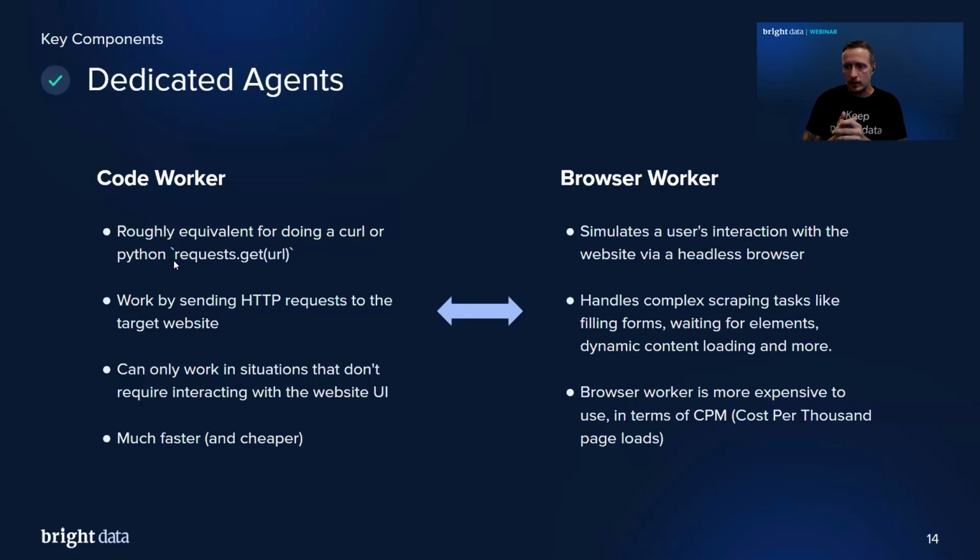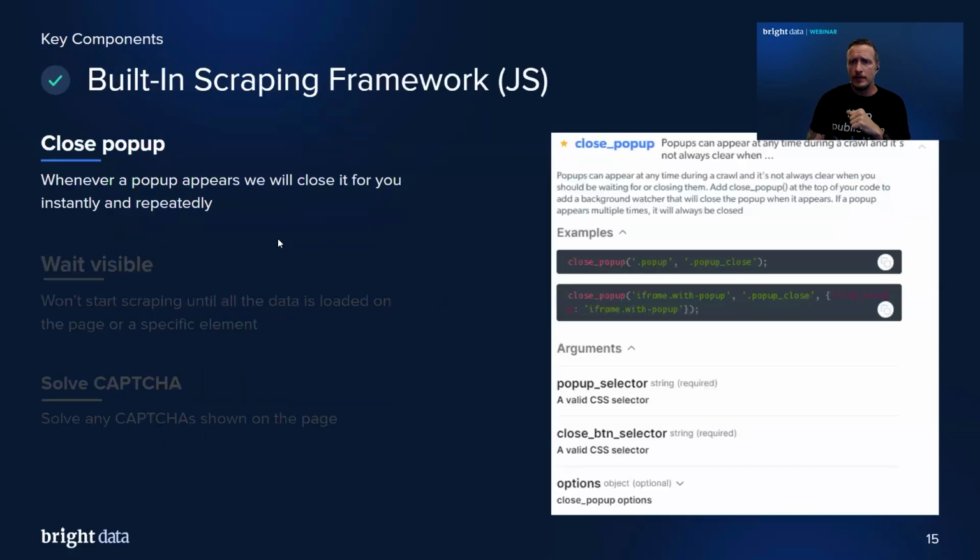So browser worker is for more sophisticated jobs that require more interaction with the website. Built-in scraping frameworks, right? Our IDE has so many different built-in functions, and I'm going to show you some of them, some convenient functions that I think are amazing.